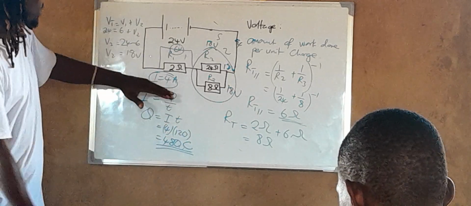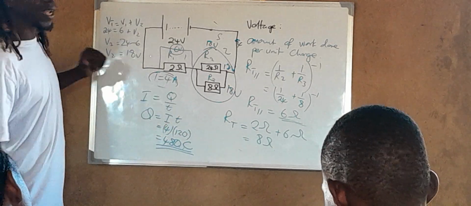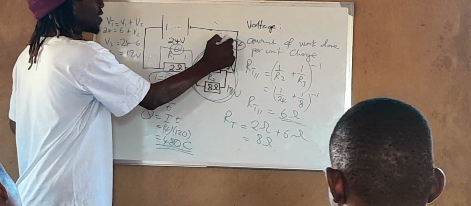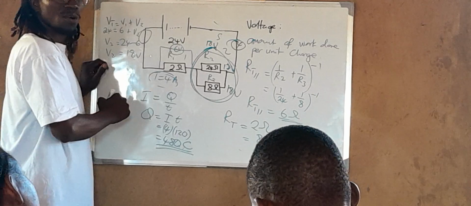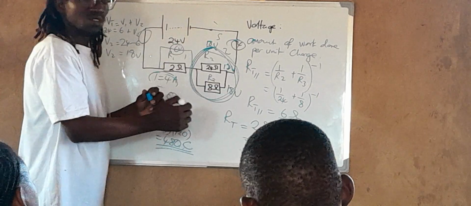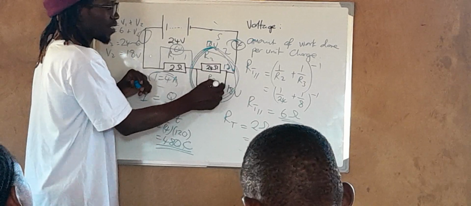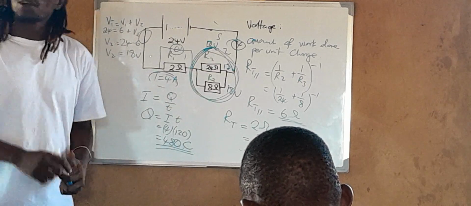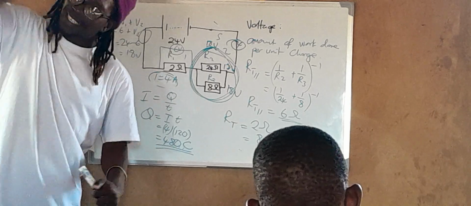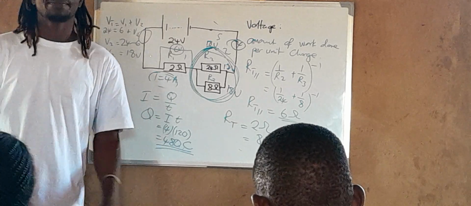So if you are given that this is 4 ampere, you know that the total current here is 4, here the current is 4, here the current is 4. If you are given that the total voltage here is 20, you know the voltage here is 20, the voltage there is 20. Because the voltage in parallel is the same. The current in series is the same.